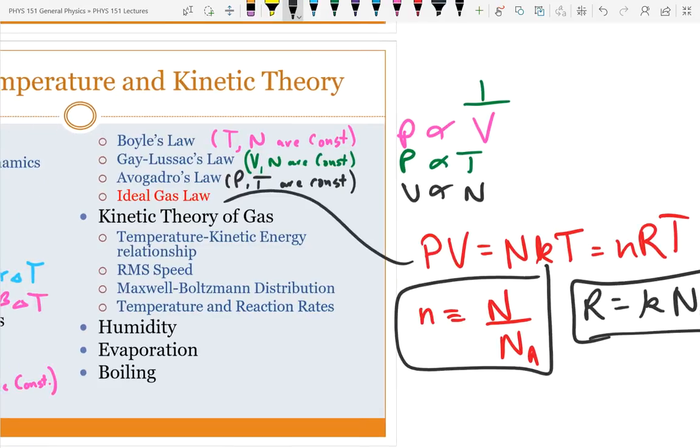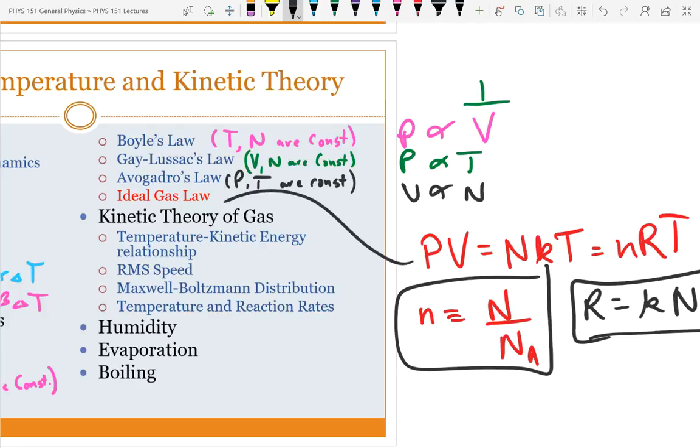Maxwell-Boltzmann distribution is the distribution of speeds you have in an ideal gas. So in this room, we have a lot of ideal gas. We have nitrogen and oxygen. Both have condensation temperatures that are far, far below room temperature. So they're behaving as ideal gases. And since they're behaving as ideal gases, they're going to have a distribution. Some molecules have virtually zero speed. Very unlikely.